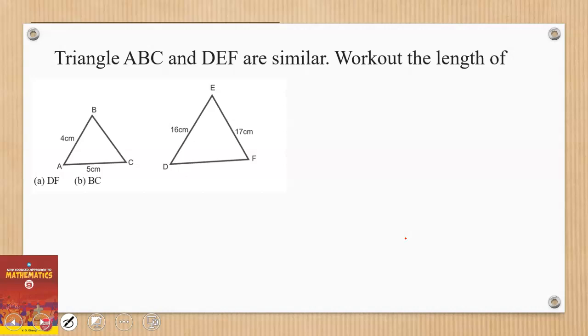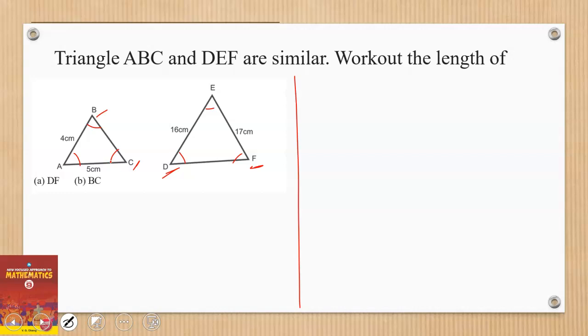We have to work out the length of DF and the length BC. DF, so D and F, and the length BC or CB. Now, we can do this by accepting the fact that they are similar, means that this and this should be equal, or this and this should be equal, or this and this should be equal.